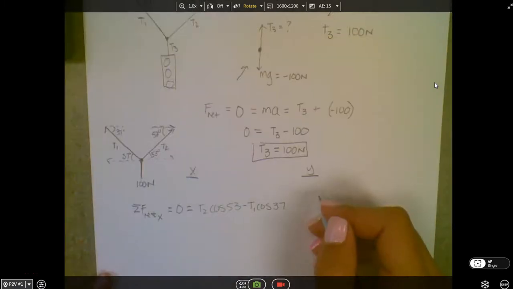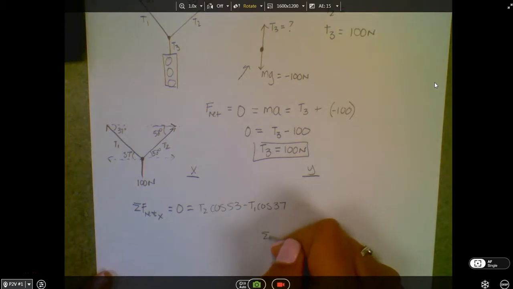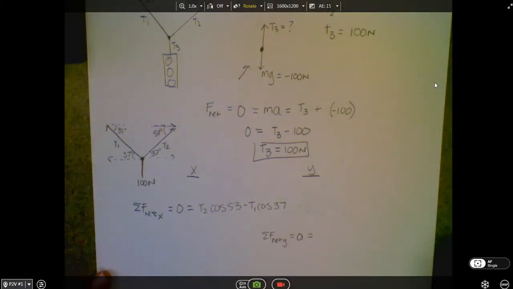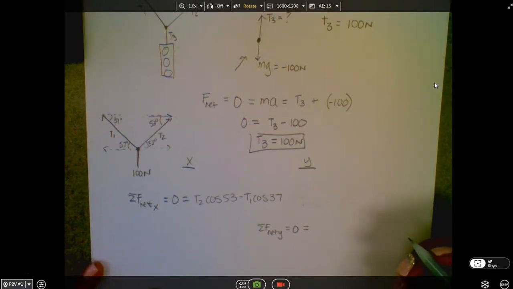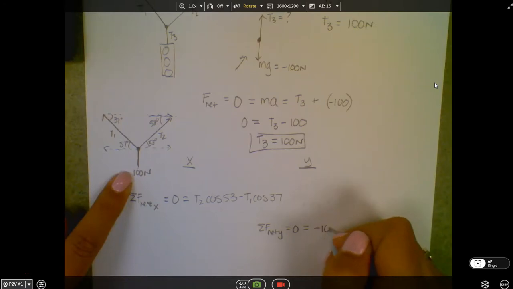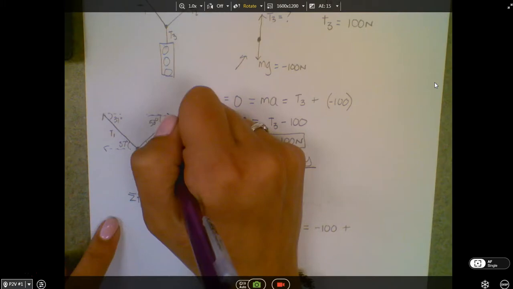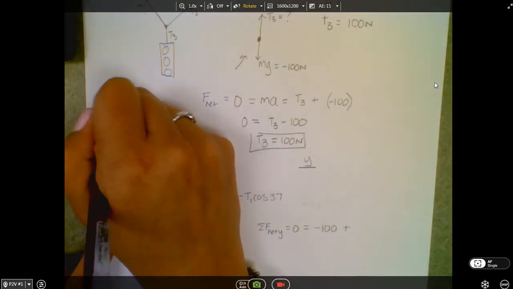Let's go over to the y direction. Because right now I have two variables and only one equation. So I'm going to see if I can work that out. So in the y direction, I have my net force in the y direction. I know it equals 0. And I know that it involves all the up and down forces. So for the down force, I have negative 100 pulling down. Plus, I have these two up pieces. I have the up from each one of the tensions.